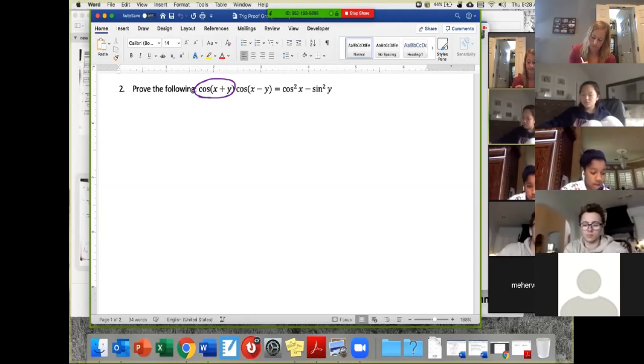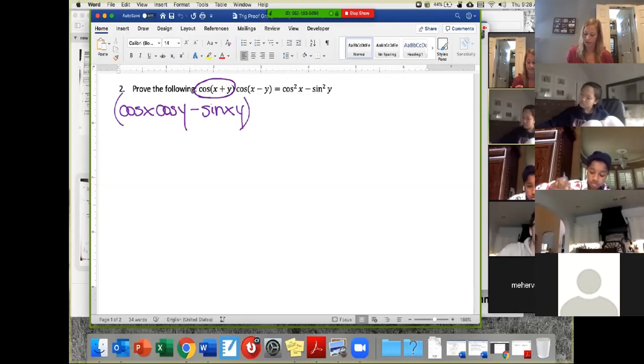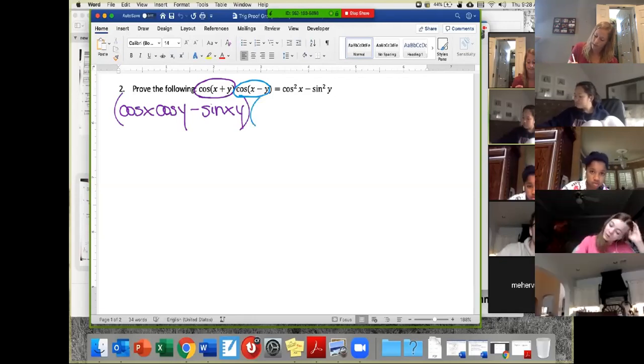Cosine x times cosine y minus sine of x times sine of y. Okay, and notice that's just for what I've circled in purple. That's not both of them. That's one of them. Then I'm going to do the same thing with the cosine x minus y, but I'm going to use the minus formula. It's the same thing, but just a plus sign.